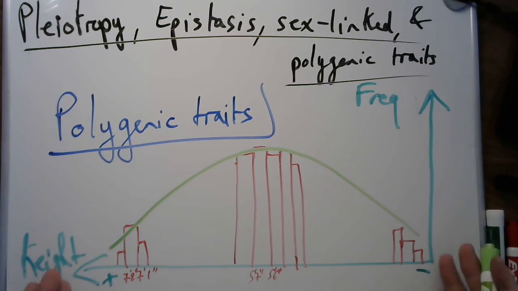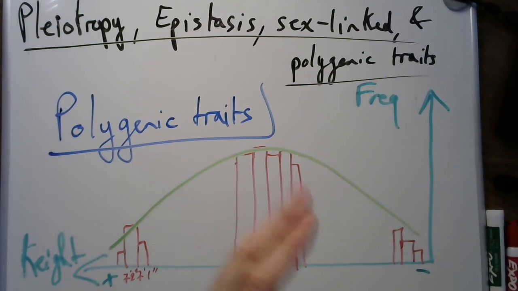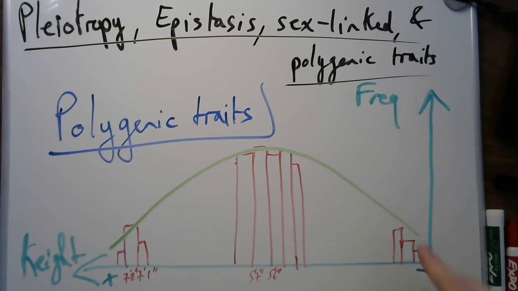You will have people of 5 feet, 6, 7, and some in between. That's it. Whereas in the distribution of height, you can have individuals with any height, quarter inches, and everybody is different.